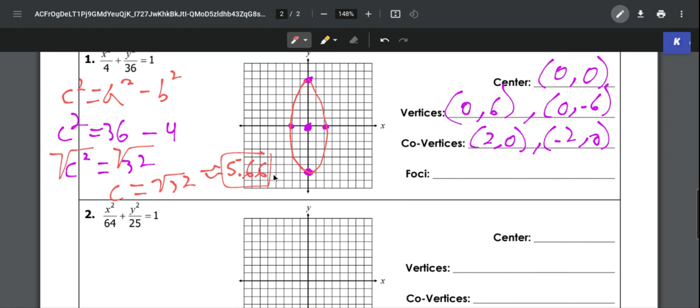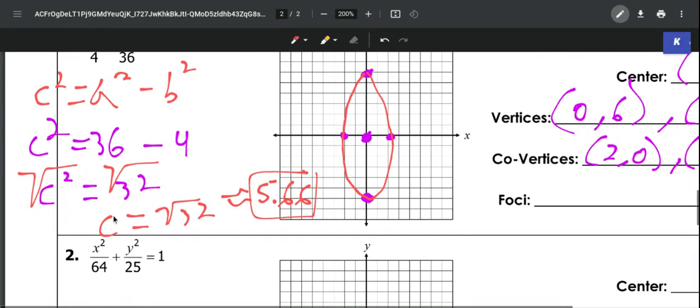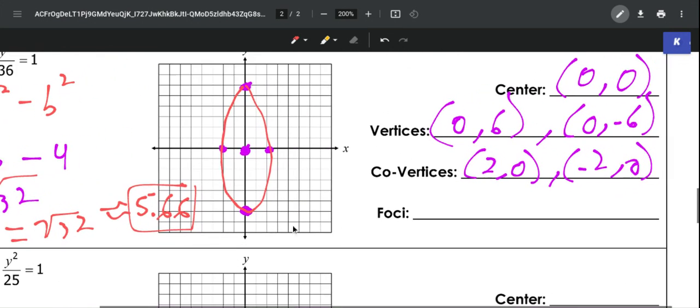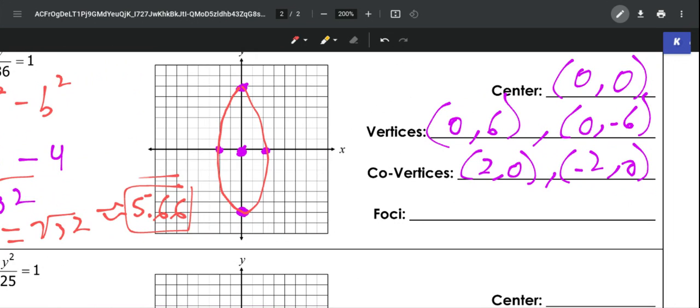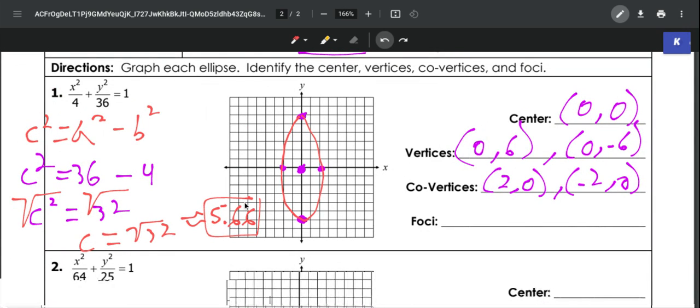All right, now here is how you actually find those 2 points for our foci. So our foci are plus or minus c units from the center. So we're going to take our center, and all we have to do is add 5.66 to either our x or y values. So we know we're either going to add or subtract the foci from one of these two values on our center.